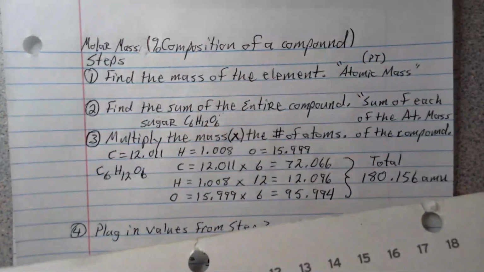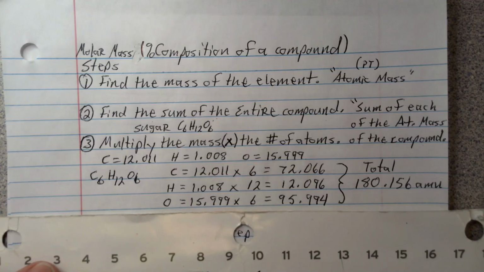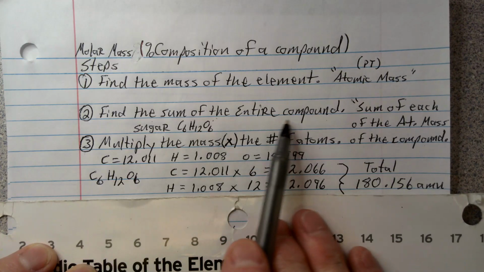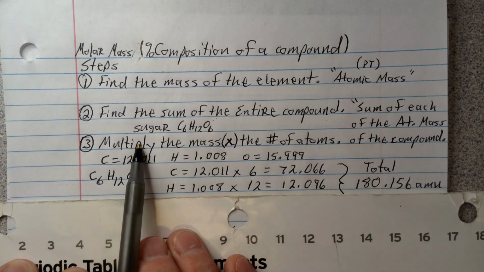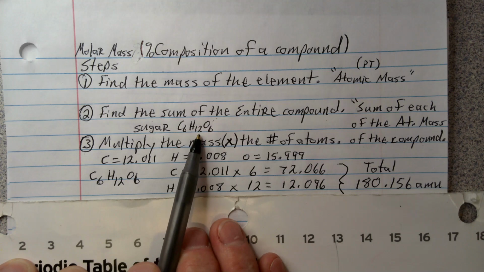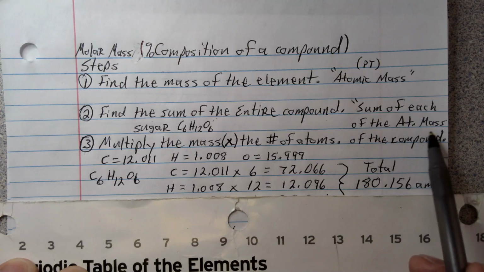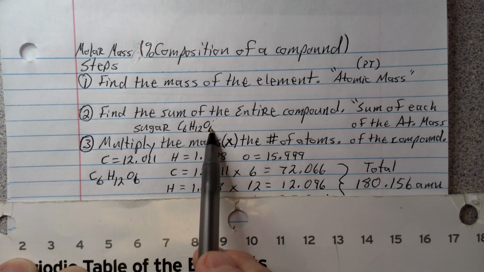So, that being said, we are going to find the sum of the entire compound. This compound happens to be C6H12O6, and we're going to find the sum of each one of these elements in here.